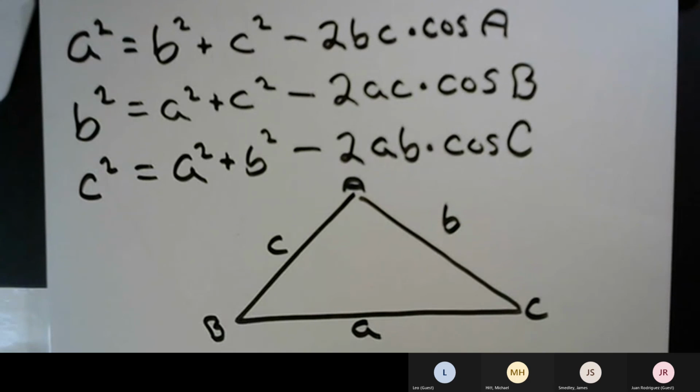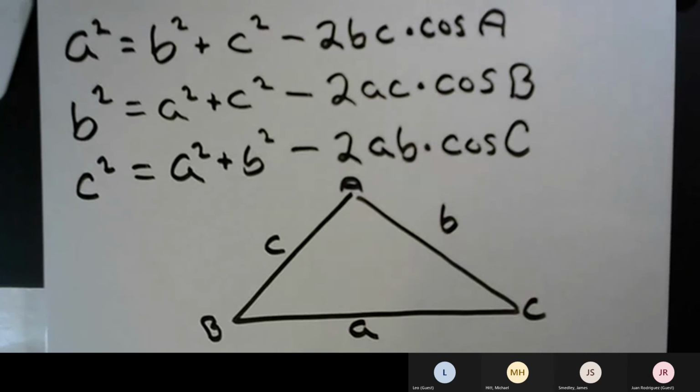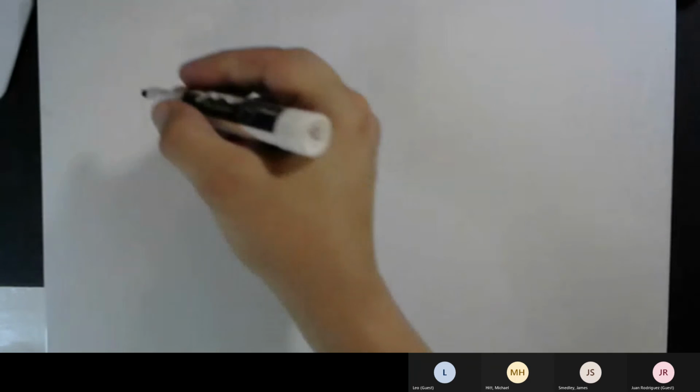Now, the thing with the law of cosines is that oftentimes you'll use the law of sines to help you out. So I'm going to do an example, and then that's going to be it. And you don't use all three formulas on one problem. Not necessarily.